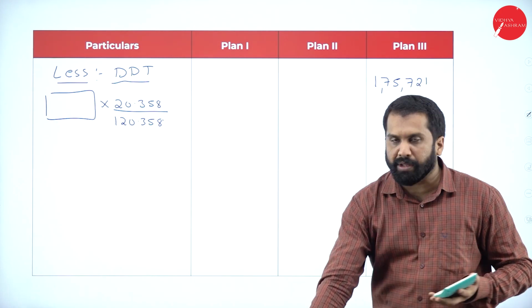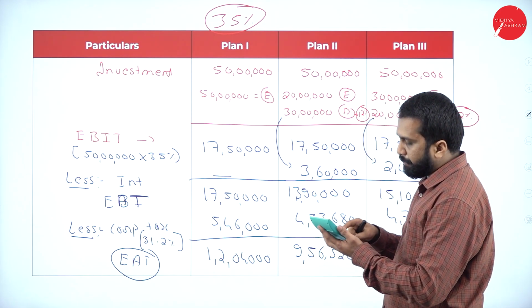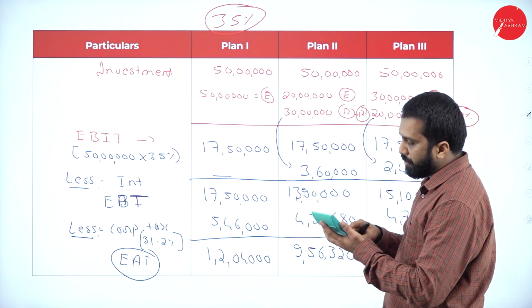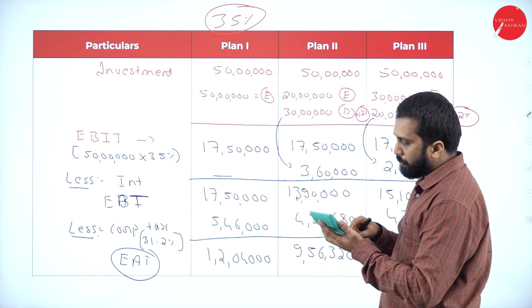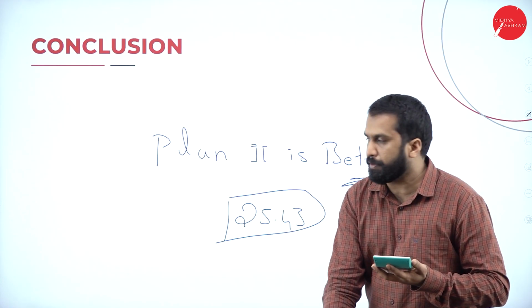Similarly, the second one I'll calculate: 9,56,320 multiplied with 20.358 divided by 120.358. I got 1,61,757.